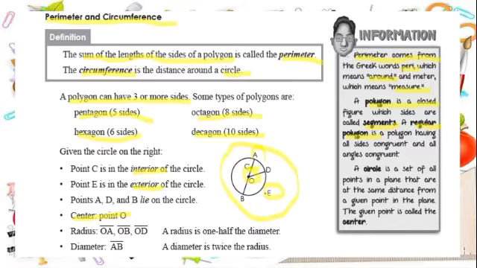Here is O, here is A. That is one radius. Okay? Next, segment OB.